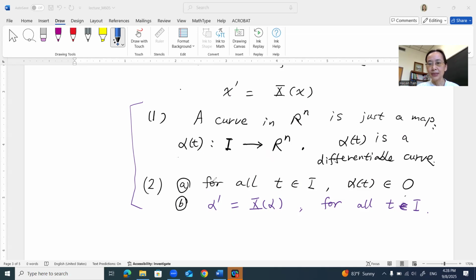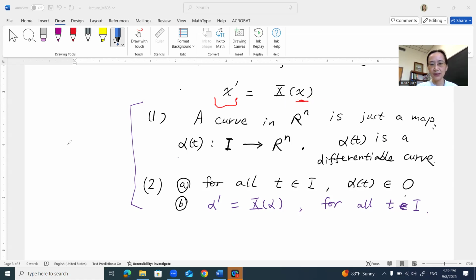Then alpha has to be differentiable because of the equation system. And alpha has to be in the domain of the vector field. And also alpha has to make this equation true.